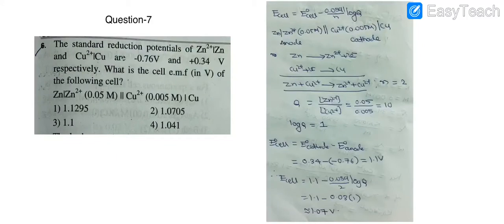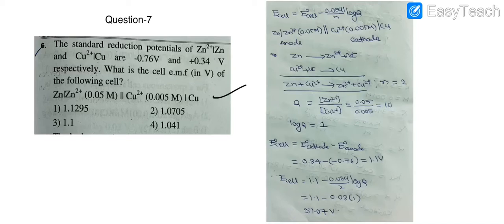Next one. This is basically a Nernst equation related question. Here the number of charges will be equal. If the charges are different, then it will be handled in a different way. And the standard reduction potentials are given. What is the cell EMF of the following cell?